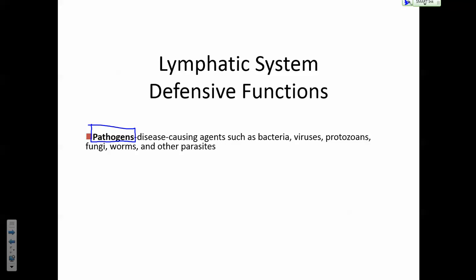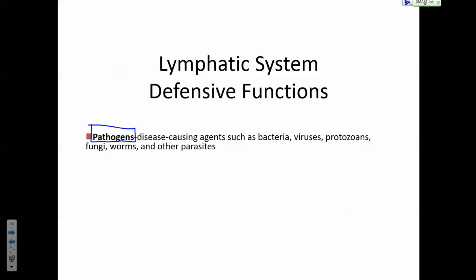That's different from an antigen. The first time students encounter all this terminology, they think pathogens and antigens are the same thing. An antigen is a chemical that triggers someone to produce antibodies. Antigens can be found on the surface of the cells of pathogens.